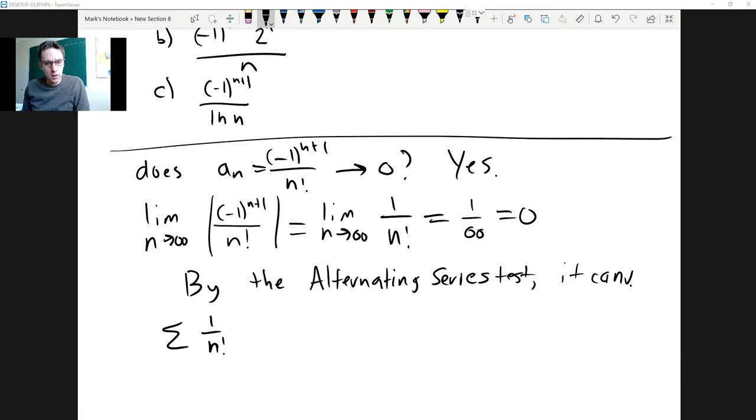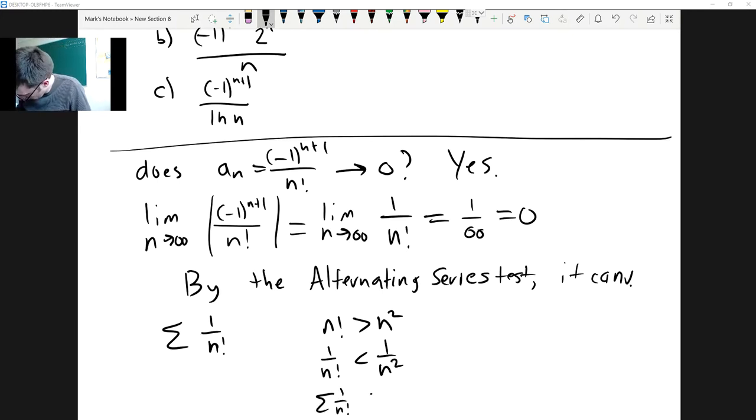Well, that one's a little bit trickier, but I think we did look at this in a previous video, and we did that by comparing it, because n factorial is much bigger than, say, n squared, which means that 1 over n factorial is much less than 1 over n squared. And so therefore the sum of 1 over n factorial is less than the sum of 1 over n squared.